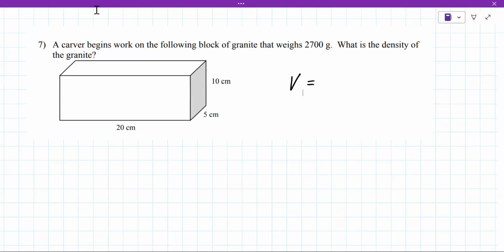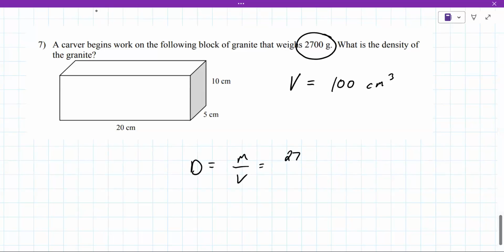The final answer is 2.7. I want the volume, Sarge. Just the volume. That's 1,000. And what are the units? 1000 centimeters cubed, good. And then is this number the mass or the density? That right there, the density.